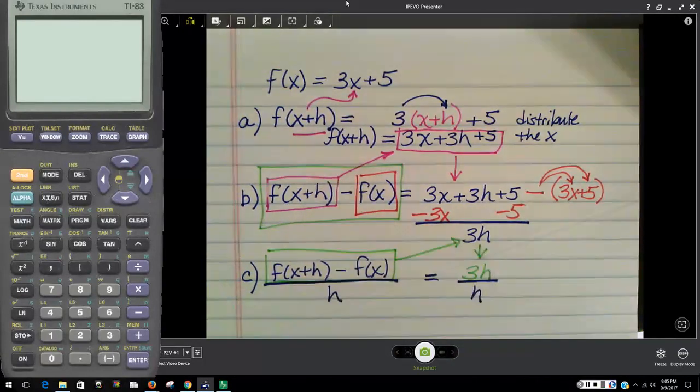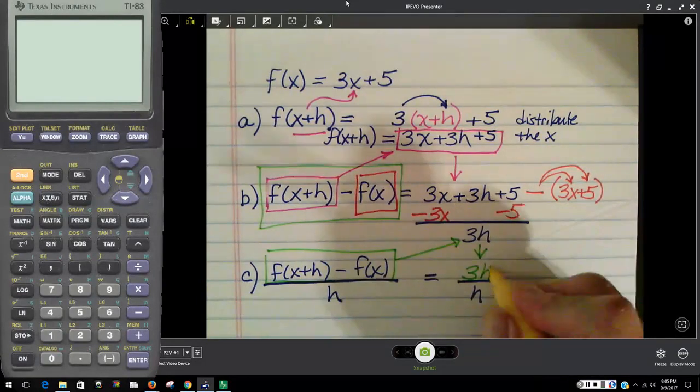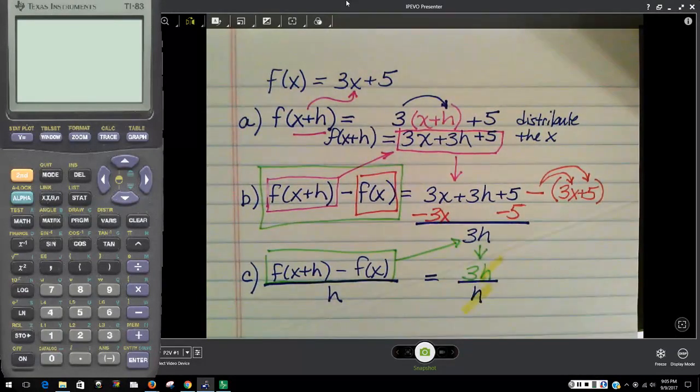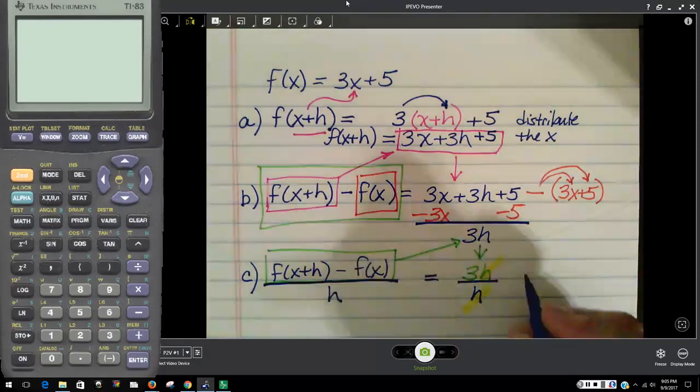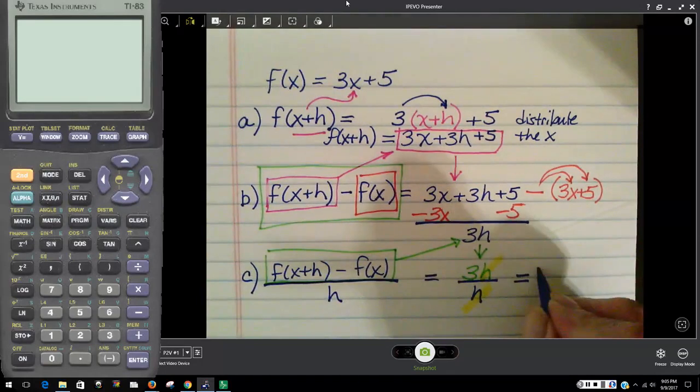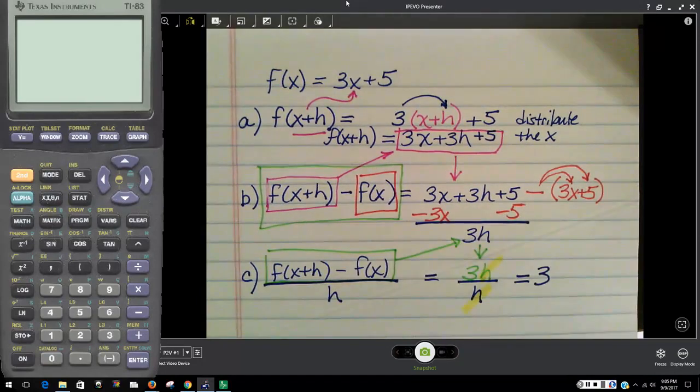And of course, when we do that, what we know happens is that the h's cancel out. And that leaves us with the number 3. And that is your final answer for all three of those.